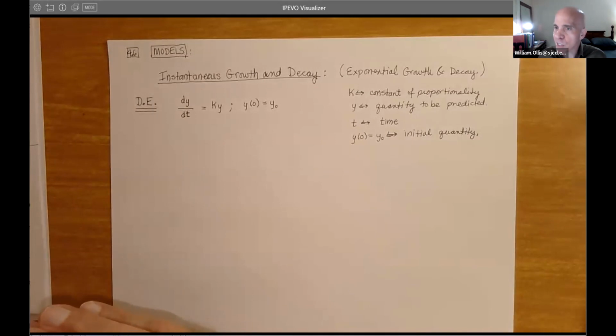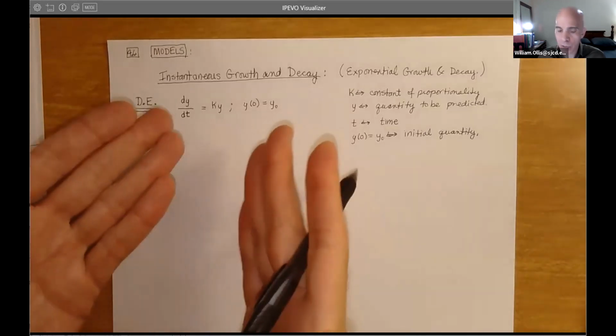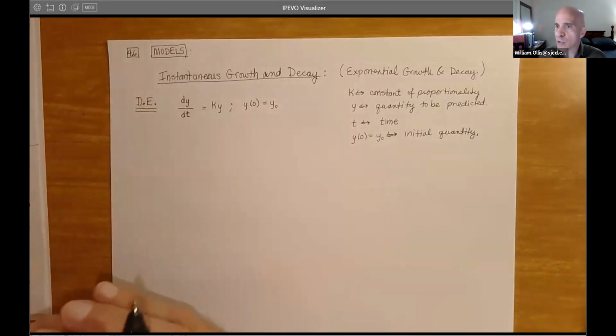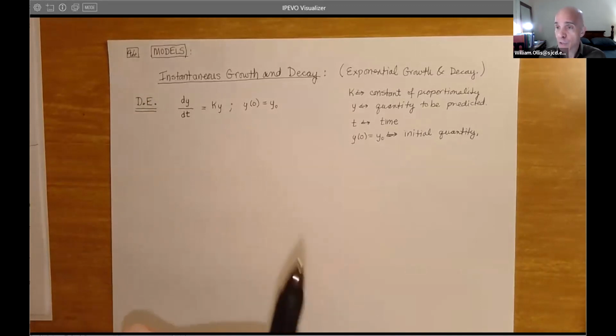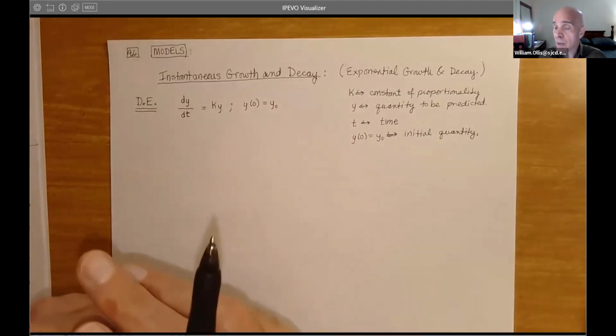So this is not something that you just wake up one day. Newton did some laboratory work and many observations and basically said, oh, here's a rule that I have observed in dealing with populations, maybe populations of certain organisms.